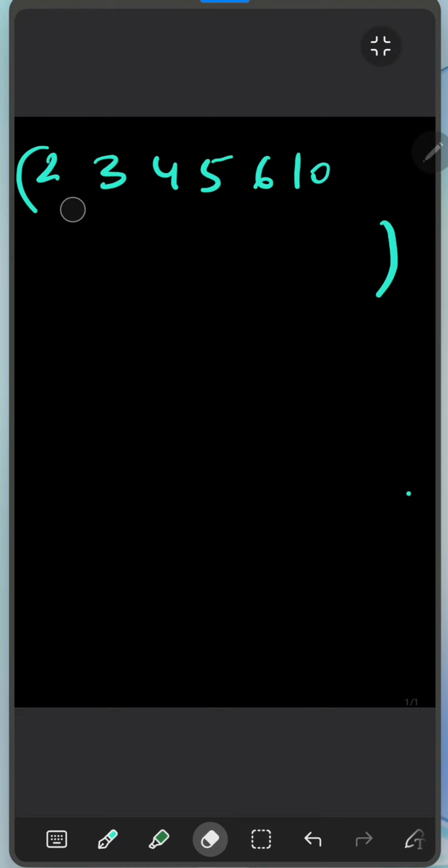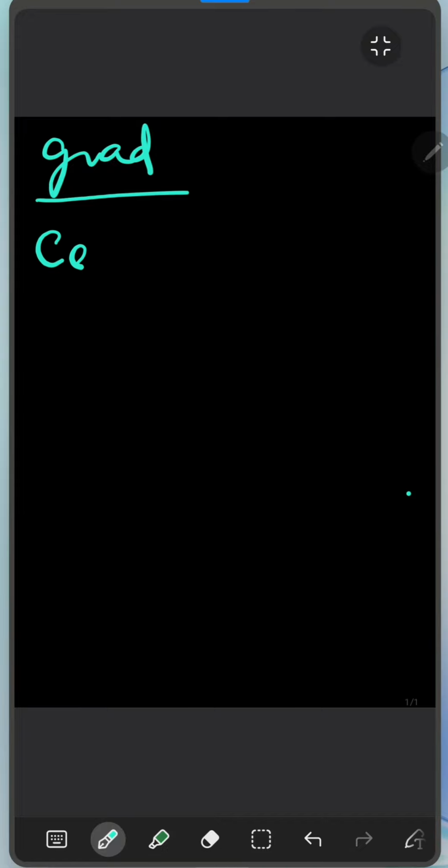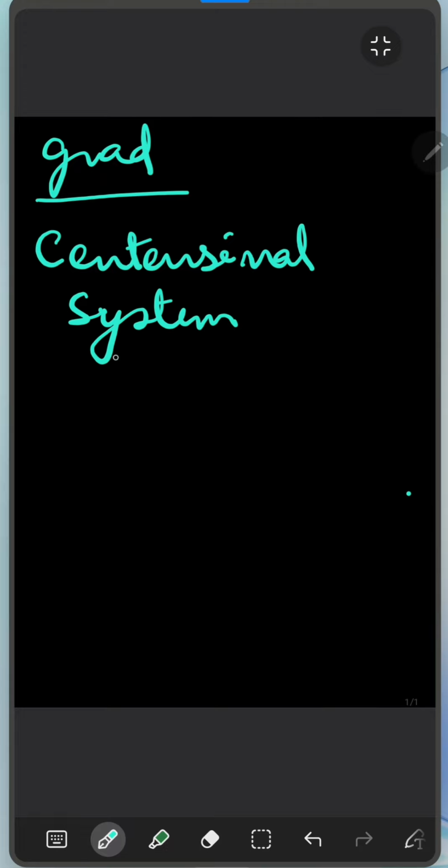Now we will move on to the term grad. From where has this grad come? Grad has come from the centesimal system. First of all, we can understand from where this has arrived.